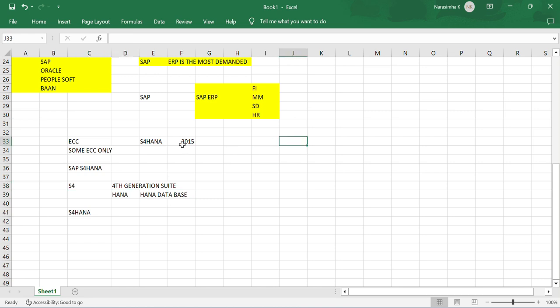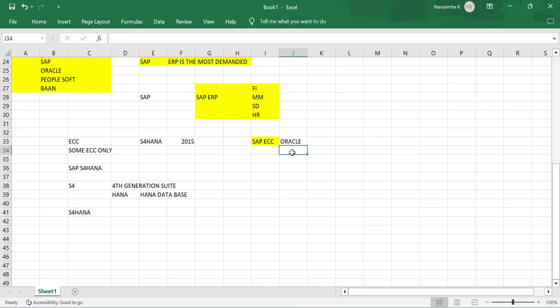Earlier, before S/4HANA, I told you there were ECC versions. SAP ECC may run on some third-party databases like Oracle.